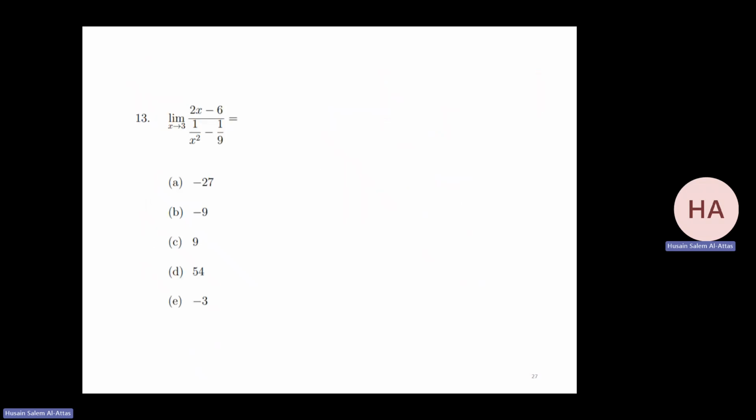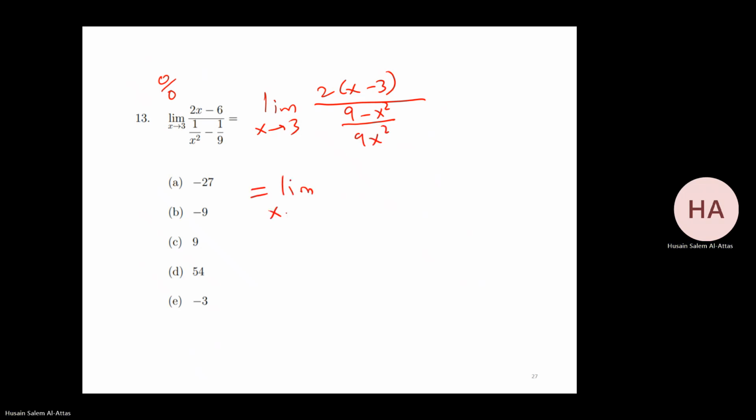The same thing, now here we need to do calculation. x goes to 3. By the way, substitute, you have 0 over 0. So you have 2x minus 3 over, this is what? 9 minus x squared over 9x squared. Or this simply is what? 2x minus 3 times 9x squared over 9 minus x squared, which is (3 minus x)(3 plus x).